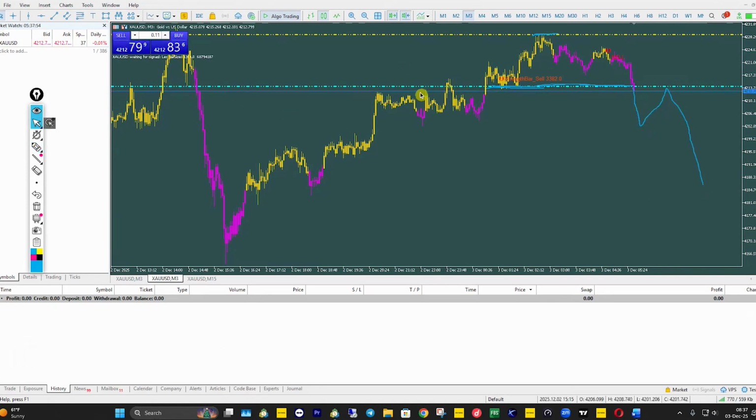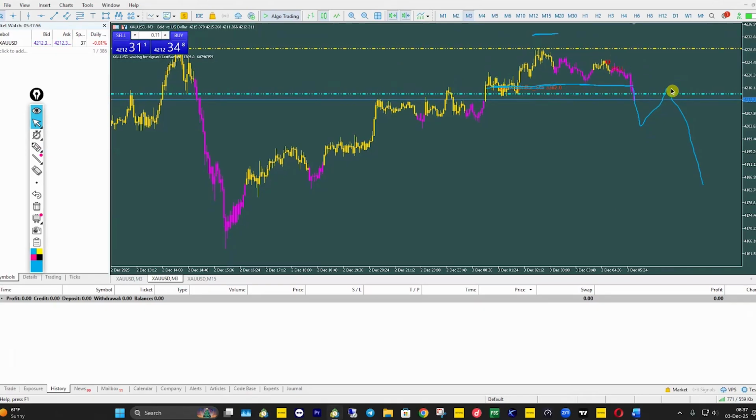And we all know also if the market breaks our demand zone at this point, let's say this is our demand zone, we are going to wait for the market to retest, then again we can sell that market, right?